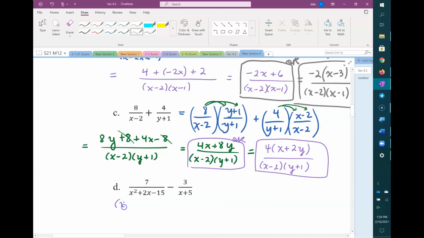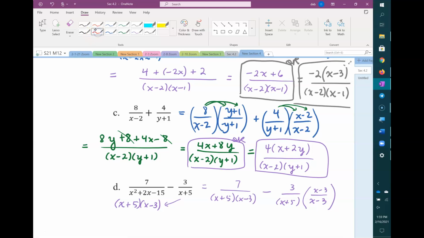Okay, then D, let's start by seeing if we can factor this trinomial. The second denominator divides evenly into that denominator. So again, this is like having 6 and 3 as your denominators. For the first fraction, we don't need to do anything. It already has the common denominator. Then minus 3 over x plus 5, but we need x minus 3 over x minus 3 to get our common denominator.